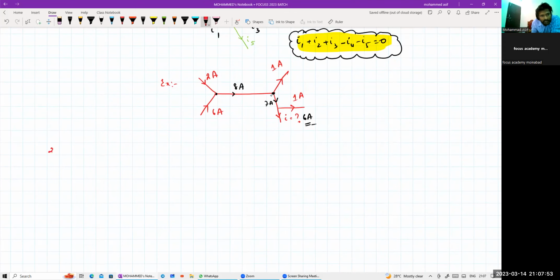Next one is Kirchhoff's voltage law, KVL, or also known as mesh law, or also known as loop law. Kirchhoff's voltage law, Kirchhoff's second law बोलो, or it is also called Kirchhoff's second law.